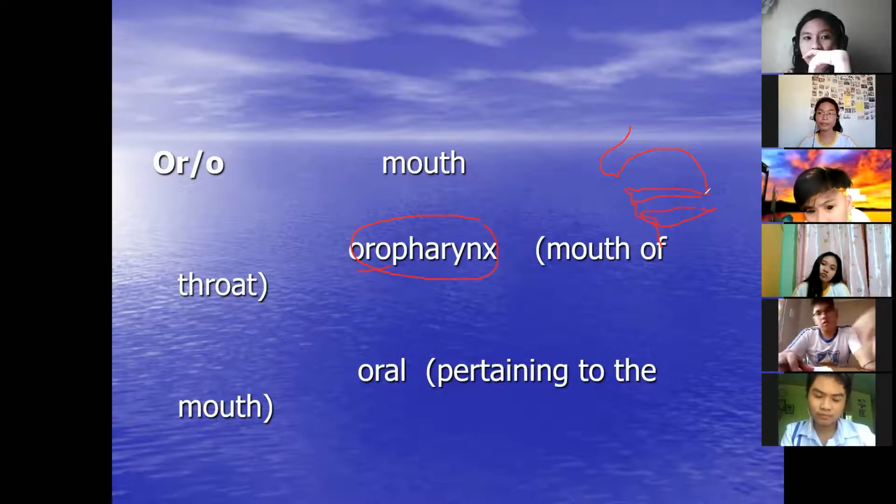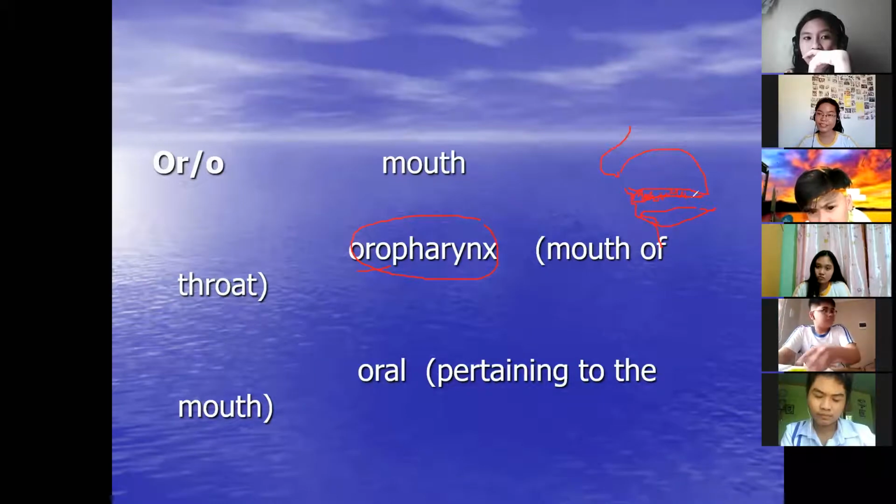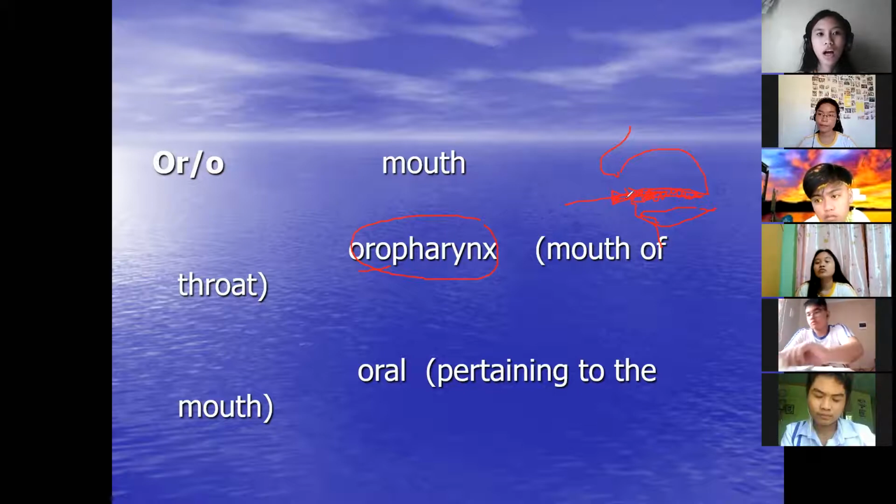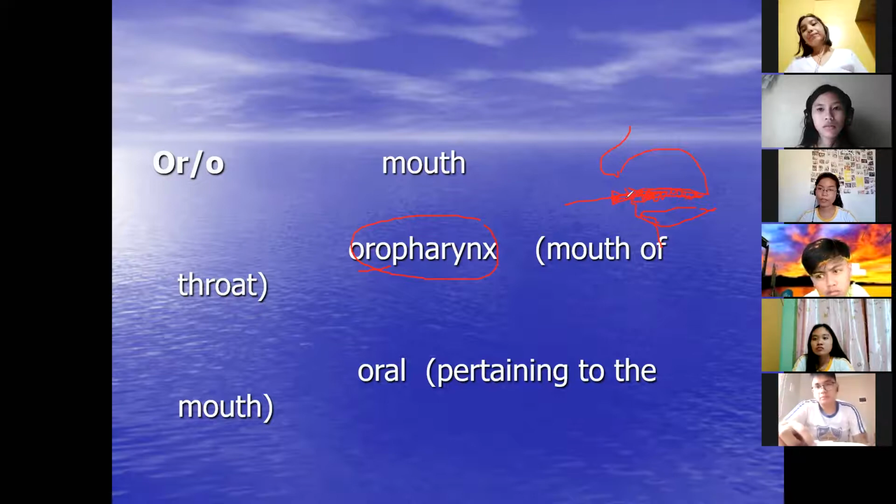So this part here is the division of the mouth and the nose area. This is the palate. It's the area where, when you eat milk powder, the milk powder will stick to the roof of your mouth.